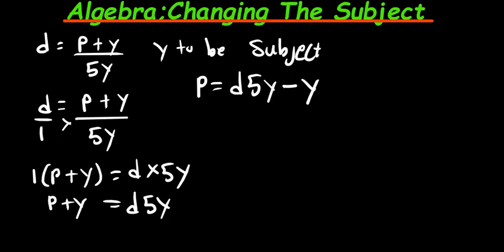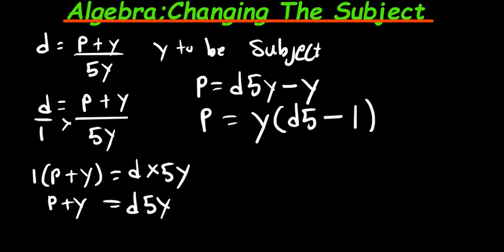We want to remain with y, therefore we can factorize y. Therefore we have y(d5 - 1). If we multiply this, y multiplied by d5 will be d5y, and y multiplied by negative 1 will be negative y. So it is one and the same.